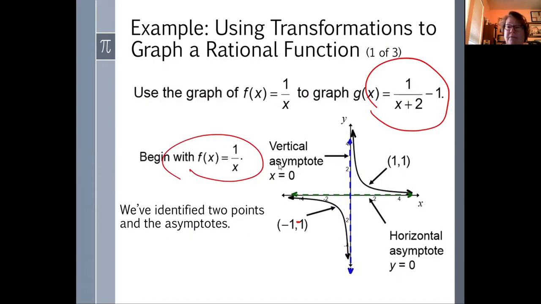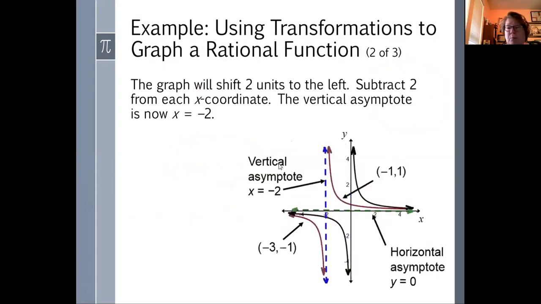If we add to our function, it's a translation up. If we subtract, it's a translation down. If we add to our x, it's a translation to the left. If we subtract from the x, that's a translation to the right. So this is going to take that standard reciprocal function, 1 over x, and move it 2 units to the left and 1 unit down.